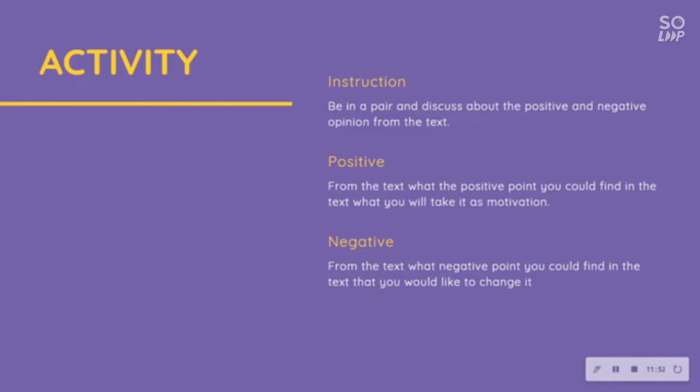So that is really important. It's okay if the students have the same point of positive or negative, but ask them to elaborate more so that they could understand more about the point that they give us, not just giving the point without explaining. Because when we talk about opinion, it is important to train them to elaborate more rather than just give a point.